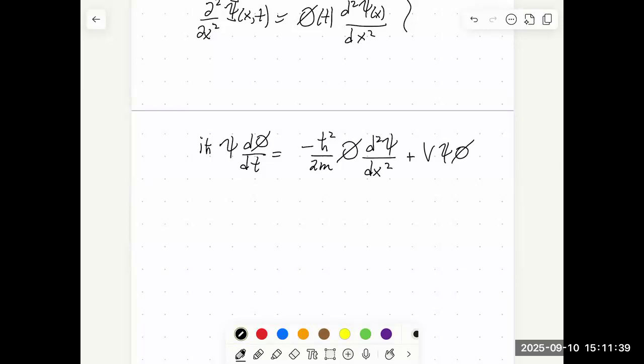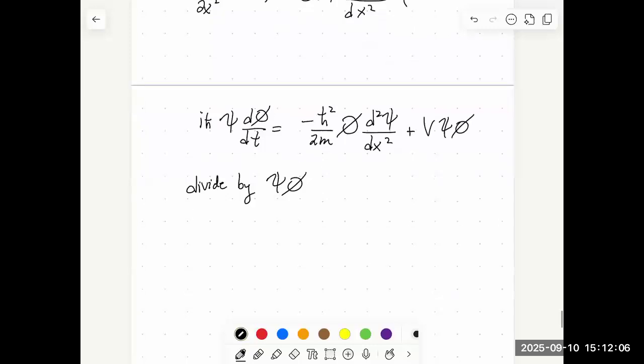Okay, so let's divide by this product. Just for any of you that are in 301, you're also going to do separation of variables to solve problems in E&M. So it's worth knowing the technique because it shows up in many places.